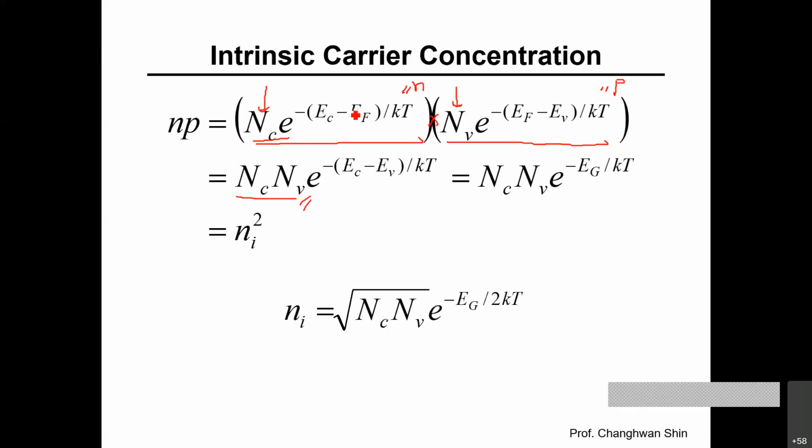Here, plus EF divided by kT and minus EF divided by kT will be canceled out. The thing left behind is EC and EV, and the minus sign is common on both sides, so you can take it in common: EC minus EV over kT.